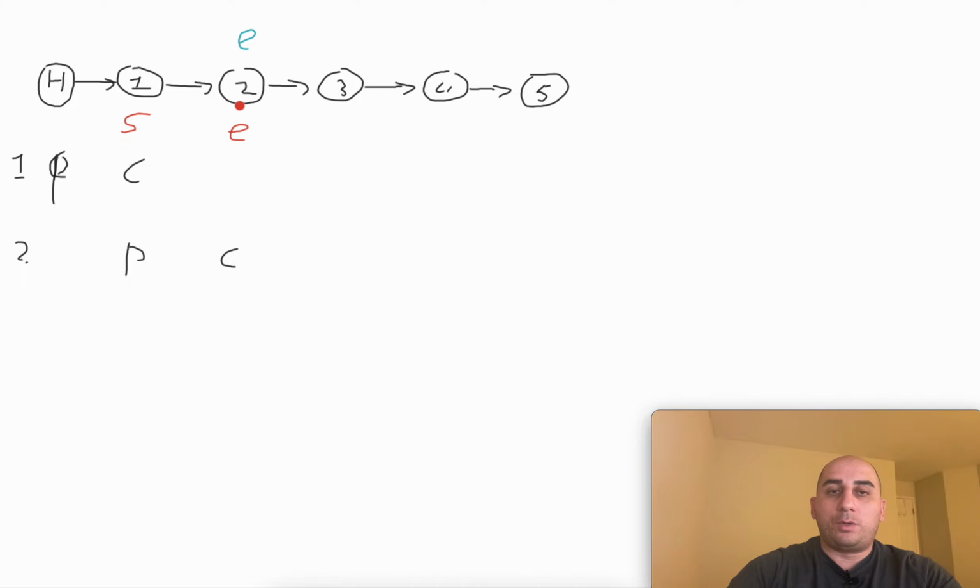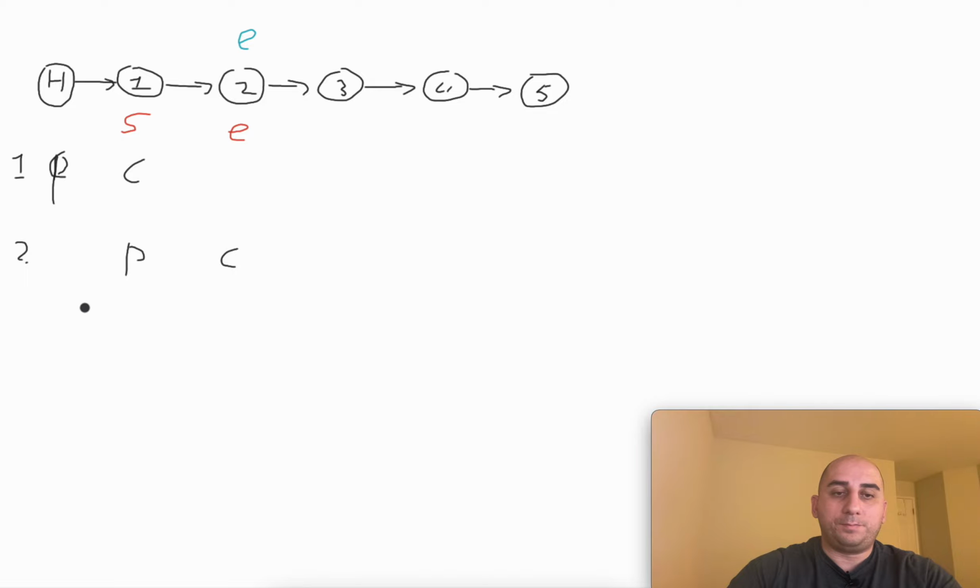Once we reverse our linked list portion, the start should point to the first element that we reversed. Start should point to the 4, and the end node of the reversed part of the linked list should point to the first element that comes after the right. Okay, follow me.